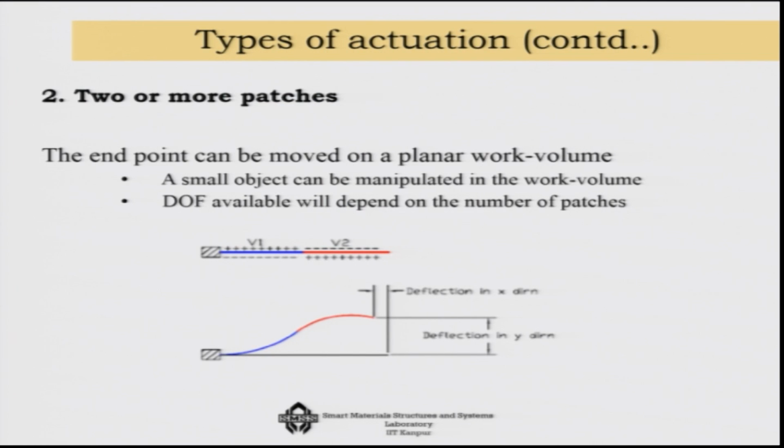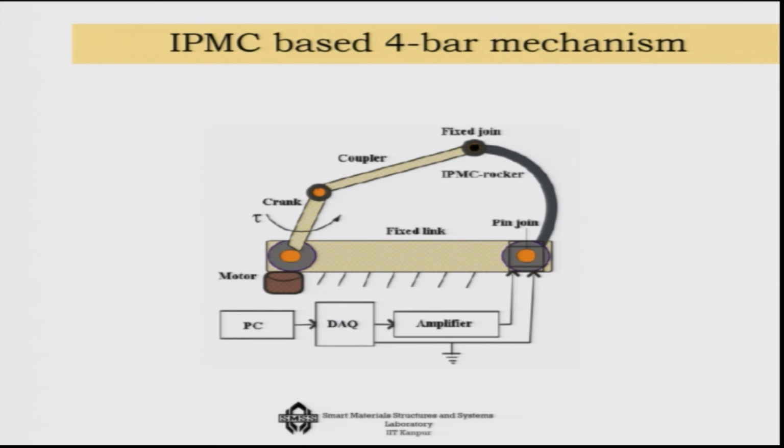Now, we would like to talk about some of the other actuations, like what if I use 2 or more patches. Well, 2 patches I had already shown you can develop a bidirectional deflection, and this can then be used for planar work volume generation. So, that is something in which you can use the strategy of Selemion with gold and rhodite.